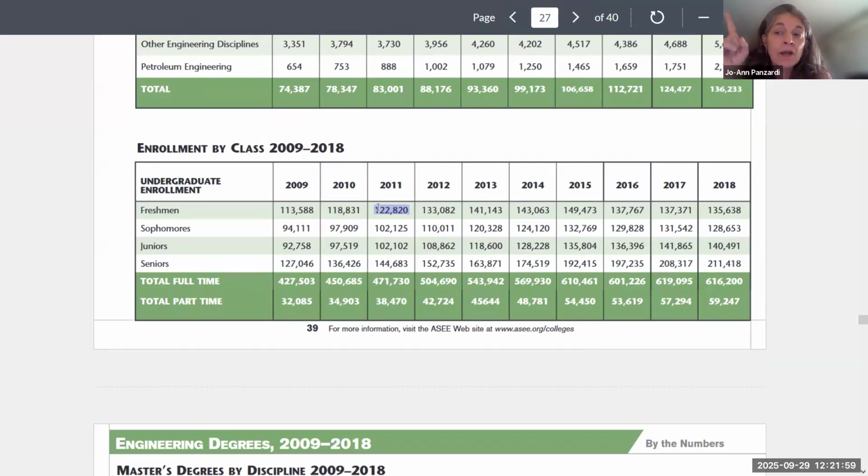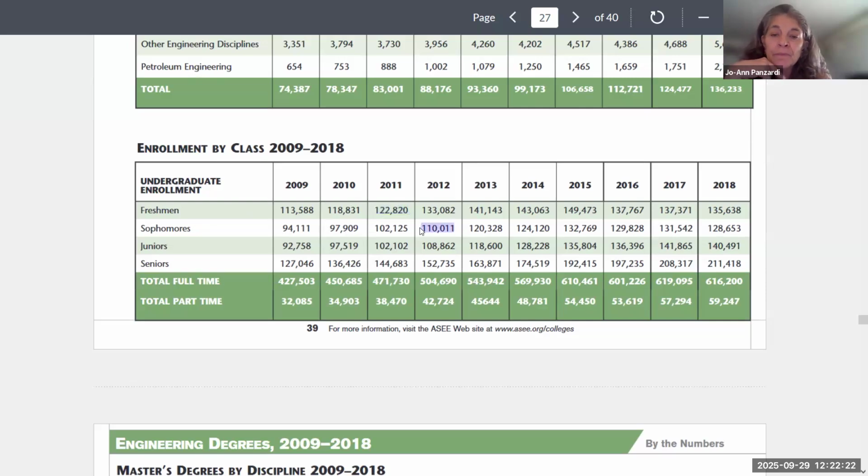And this is only American society, so it's only US. So we looked at all the United States universities that offer engineering, and in 2011, there were 123,000 freshmen. So when they went to the next year, they would have been sophomores and it would have been 2012. And look at the number.